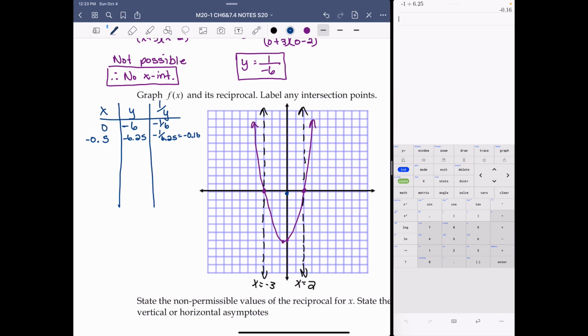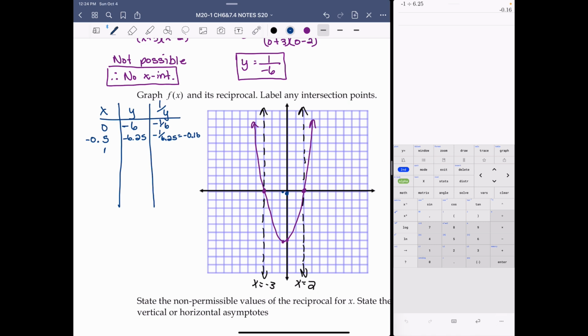So at x equals -1/2, y is equal to -0.16. Because that was the reciprocal of the vertex, we would also have a point that would be symmetrical. Since we had x equals 0 and then x equals -0.5, 0 and 1 would be symmetrical.